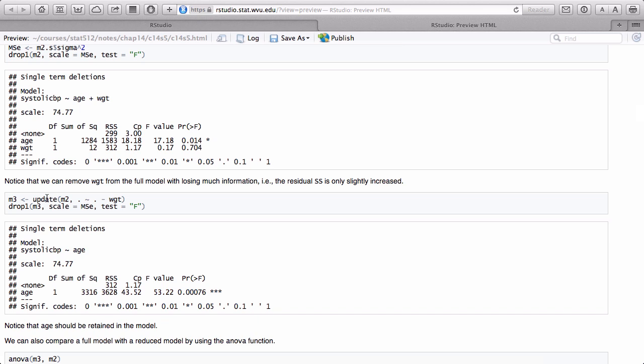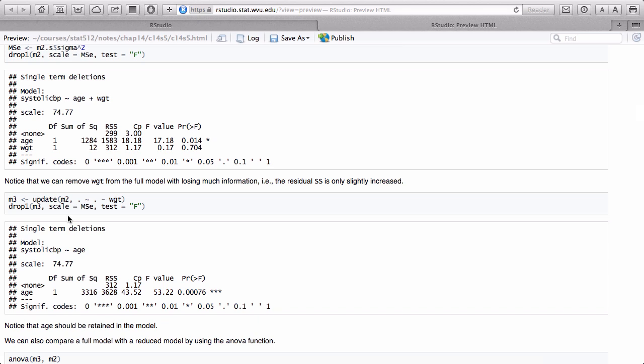So now let's take the model M2 and update it. And notice I say I want to update M2 by subtracting weight from the model. This is strange notation: I have dot tilde dot. The dot on the left means the y variable from M2, and the dot on the right of the tilde means the x variables from M2.